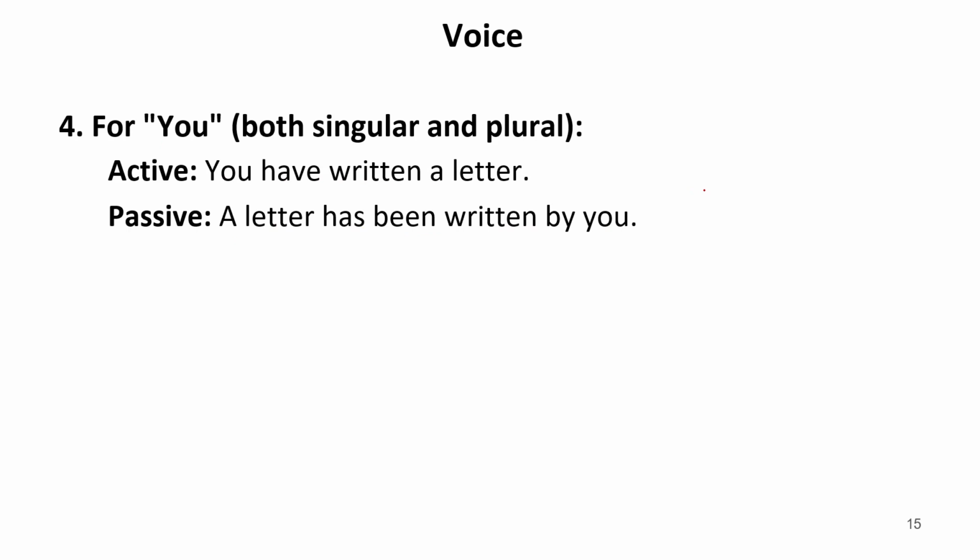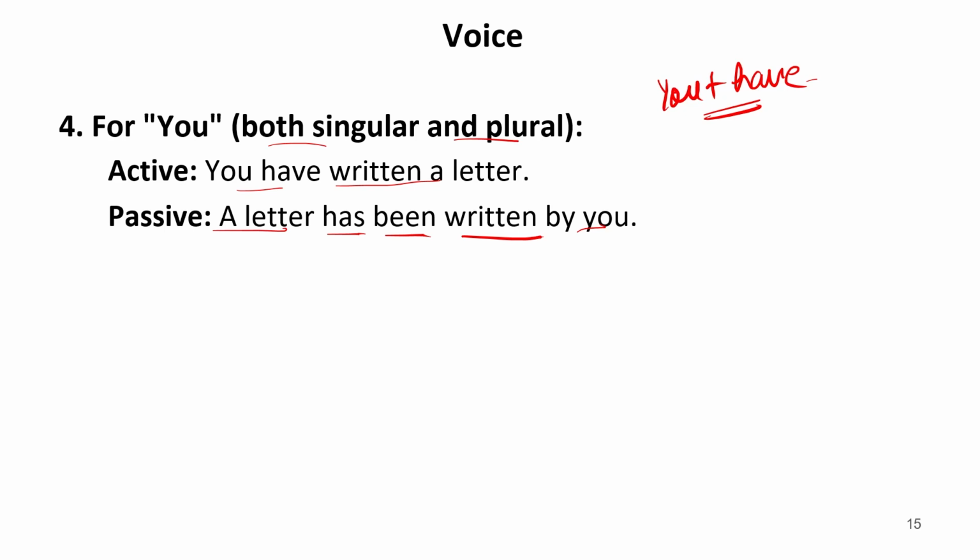Next, for you, this word is used in both singular and plural form, though you is always followed by have in any form. So you have written a letter. When a letter comes to the subject place, a letter, again singular, has been written by you. So this is present perfect tense.